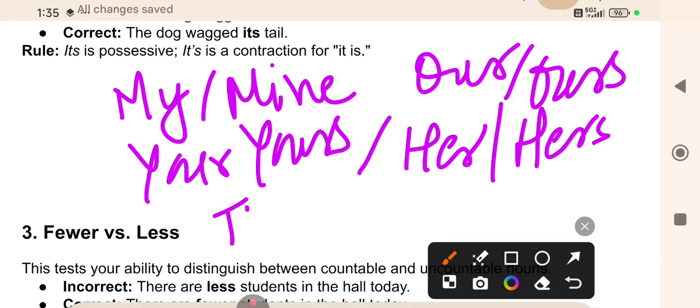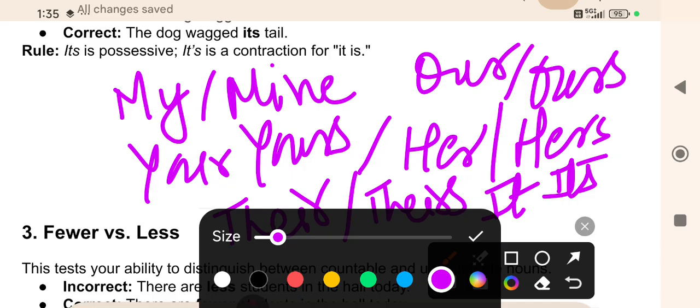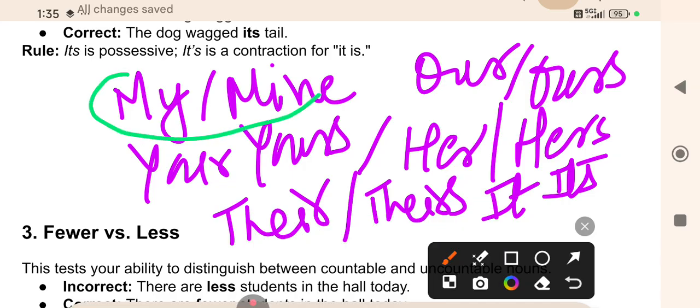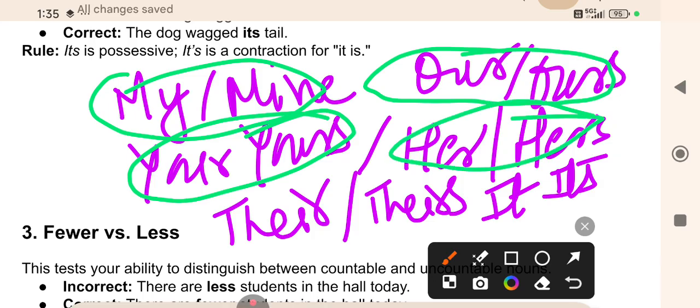Then there is theirs, and it is its, it or its. So please take care. These all are the possessive pronouns. Sometimes we use my or mine, our and ours, your and yours, her, hers, their, theirs, it, its.